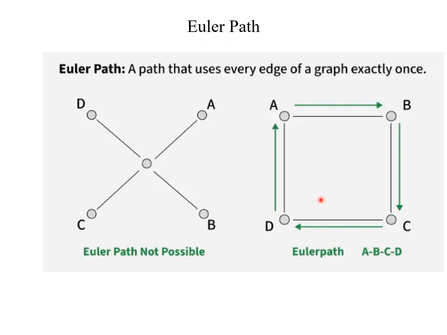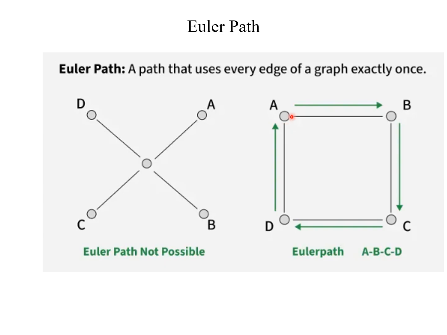Therefore, this graph, that means the right side graph, is an Euler graph. This graph contains an Euler circuit. Start from vertex A to B, B to C, C to D, and last D to A, to form one circuit.